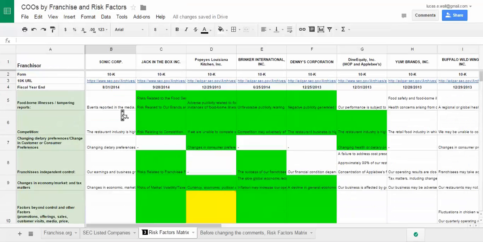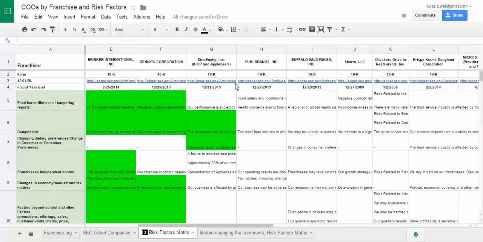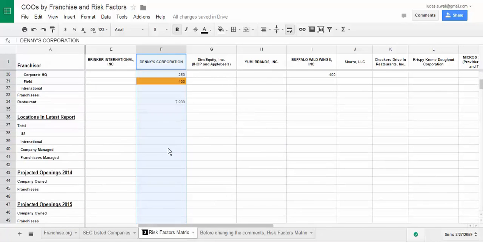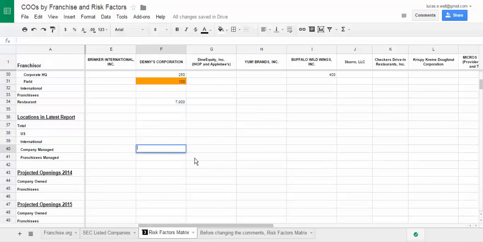And for Denny's, that is the date. Looking at Denny's, Denny's is here. Okay, December 25, 2013. So if we go to the total number of locations company managed, that's the number 163.